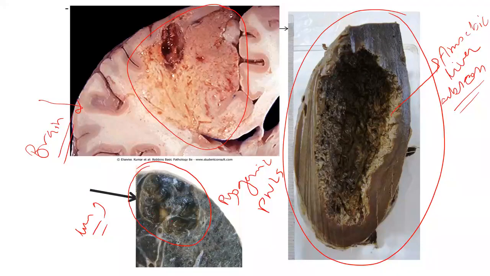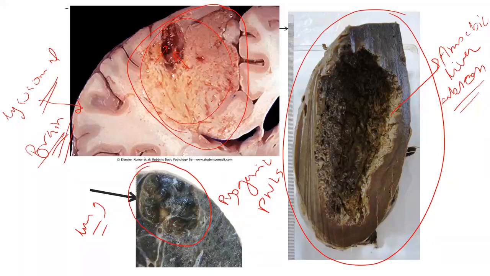Lastly, we have a brain tissue, and this brain shows an area of necrosis due to ischemia, a case of brain infarction. Look at this brain infarction. It is soft and yellow and starting to have liquefaction. This liquefaction will complete, leading to formation of a totally semi-liquefied mass, forming a cavity inside the brain.